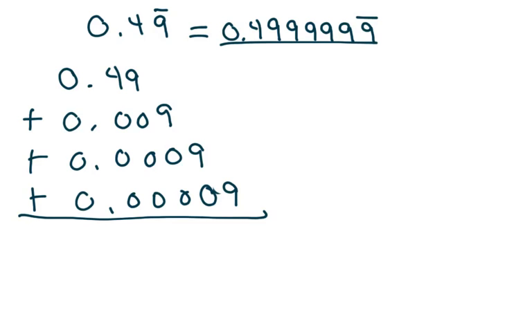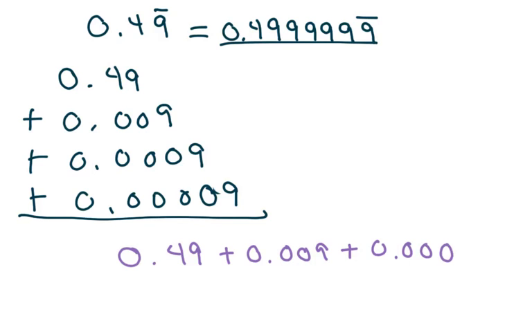So that's why I wrote this as 0.49 plus 0.009 plus 0.0009 and so forth. Also, since we're doing the infinite geometric series formula, which is this one, I have to get the common ratio.